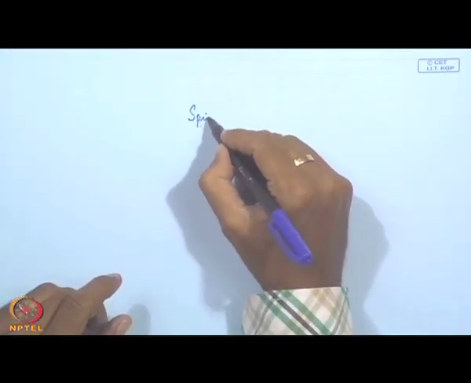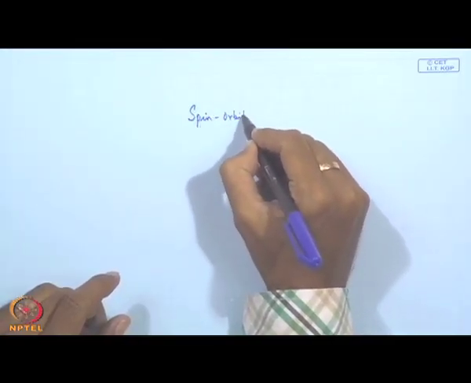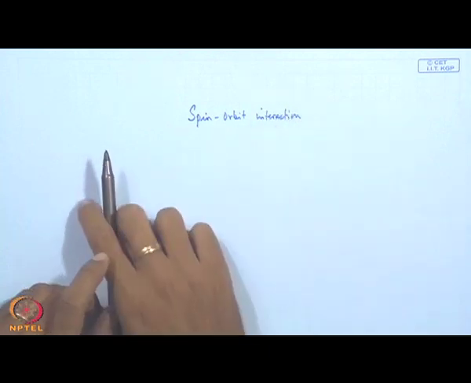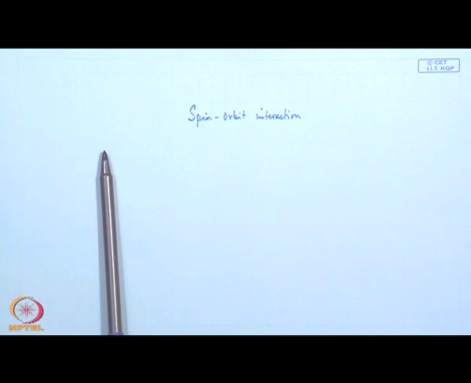For a molecular system, for a singlet to triplet transition, you generally need something called spin orbit interaction, where spin motion is coupled with orbital motion.